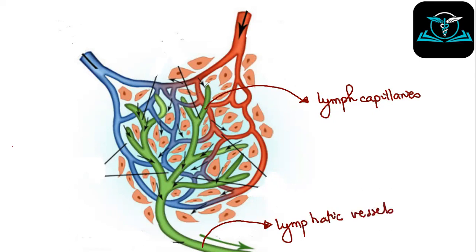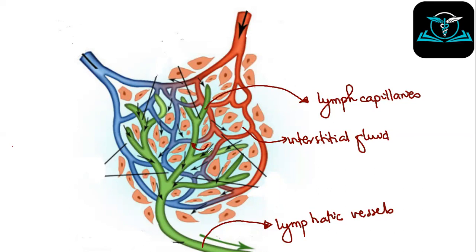Now remember that the plasma which moved out of the capillary system into the tissue space was called interstitial fluid or tissue fluid. The moment the excess tissue fluid enters the lymphatic system, the name changes from interstitial fluid to lymph.